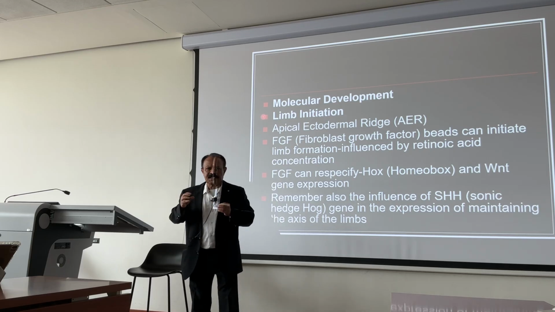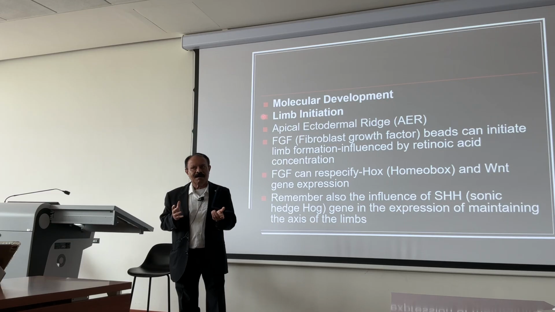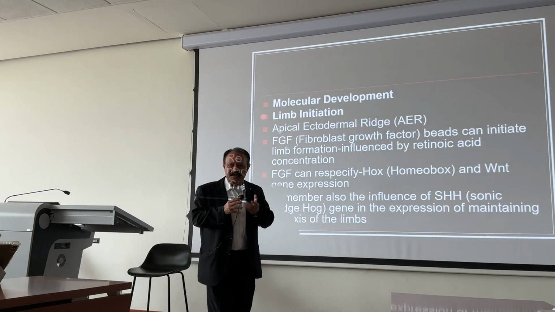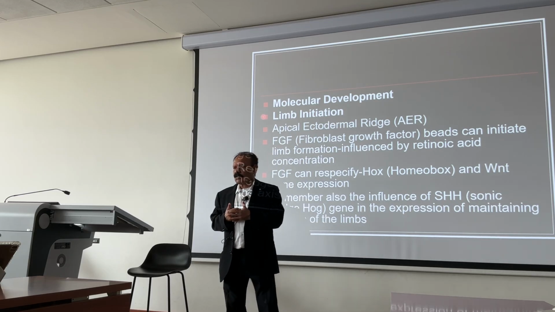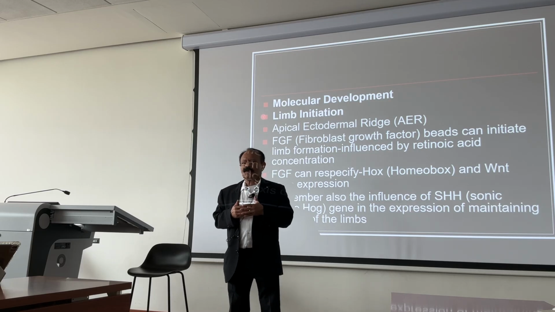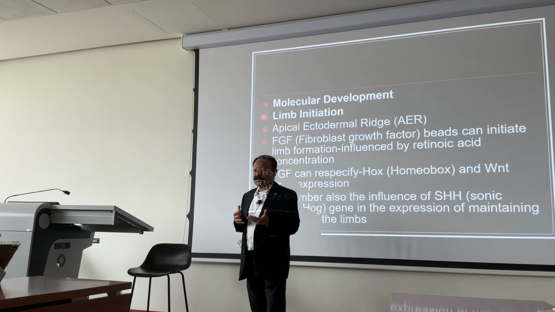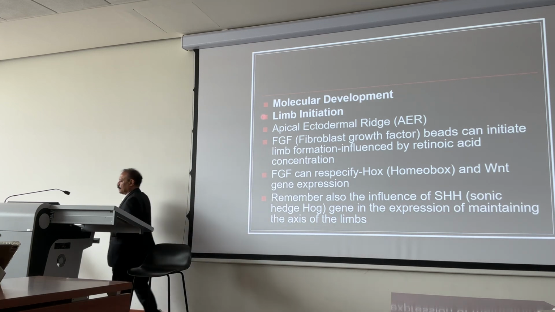And then all the genes, if you remember, is good, if you forget, is better. You don't need so many genes. But appreciate the fact that there are multiple genes: sonic hedgehog gene, you know it already, WNT genes, and then you have fibroblast growth factor, retinoic acid. It's not an alien name. You know everything in detail earlier.